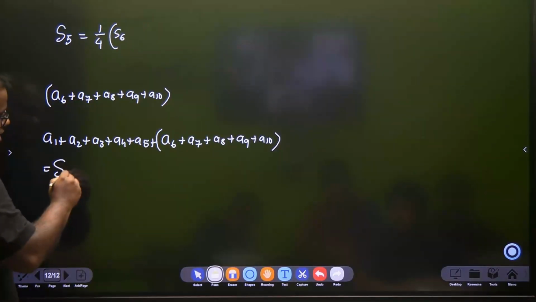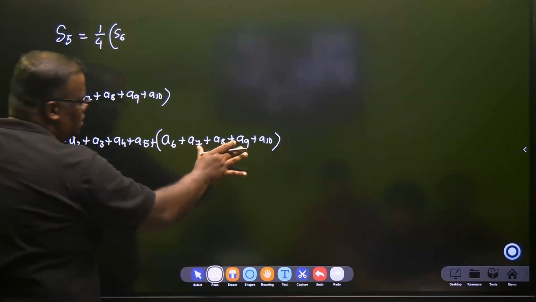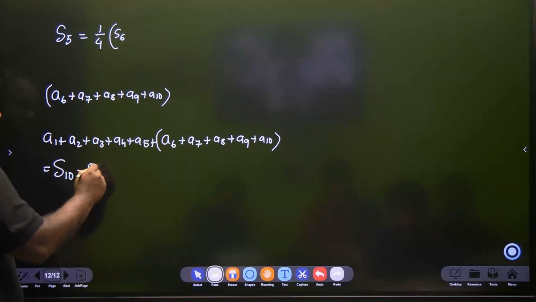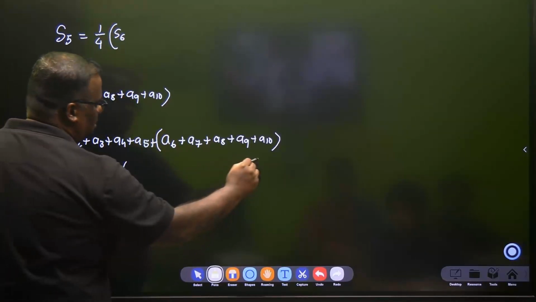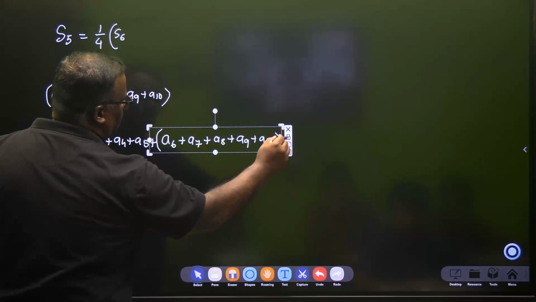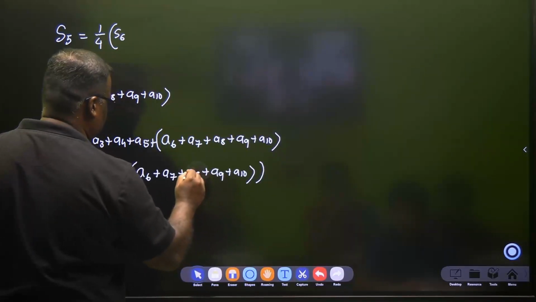Can I write this as S10? Right? So if I know S10 and this portion is S5, then I should be able to get this.